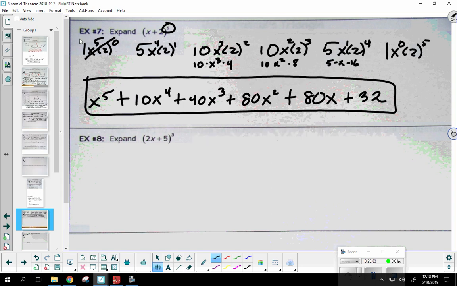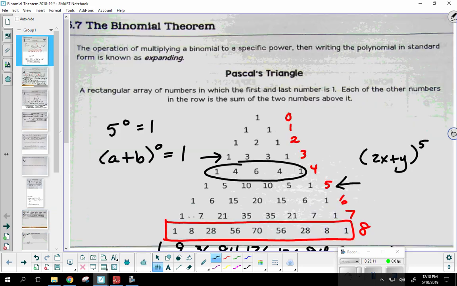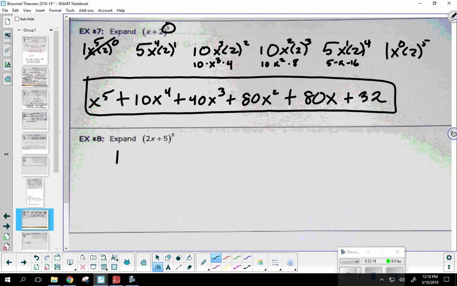Okay. Let's try this next one. 2x plus 5 cubed. So cubed means third row. Coming back to my triangle, 1, 3, 3, 1. Would everybody agree? So I'm going to come back over here. 1, 3, 3, 1. I took the fourth row coefficients, or excuse me, third row coefficients.